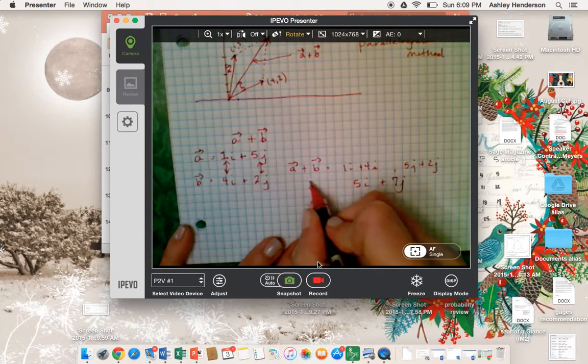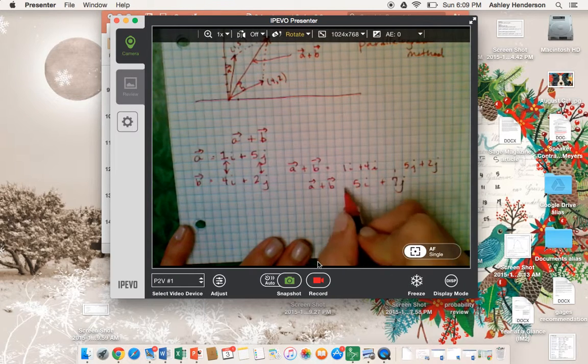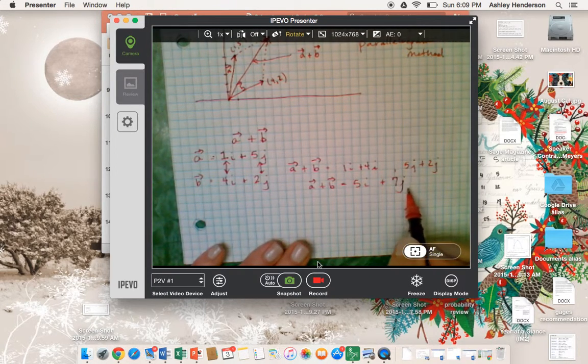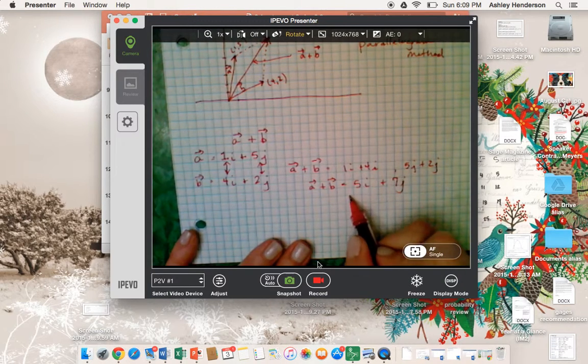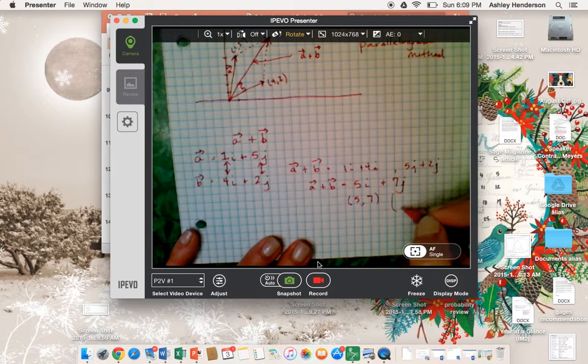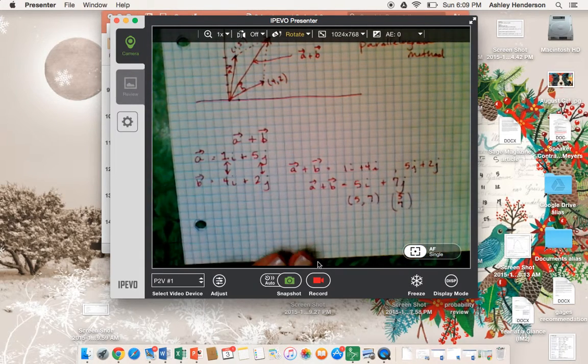So this vector A plus B could be written as 5i plus 7j. Or if you wanted to write it in component form, you might write it like that. Or like this. Sometimes you see them like this too. Not a permutation or a combination. It's just a different notation for vectors.